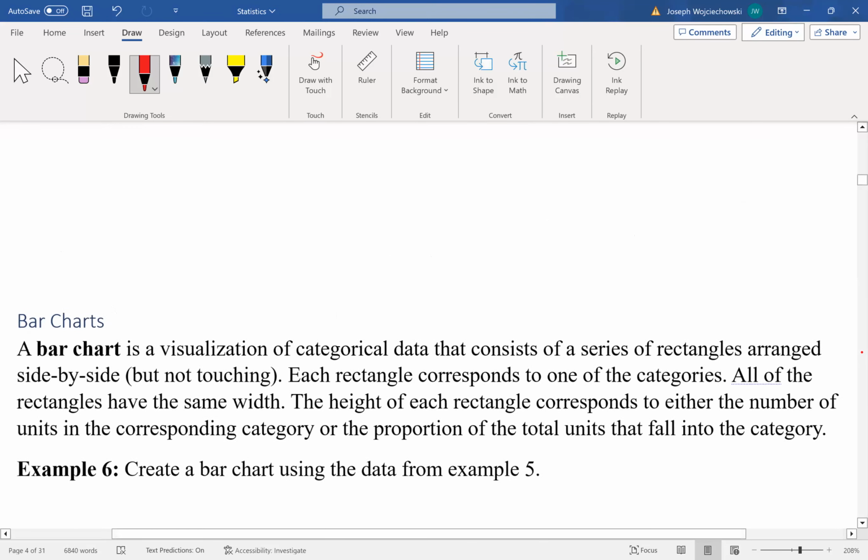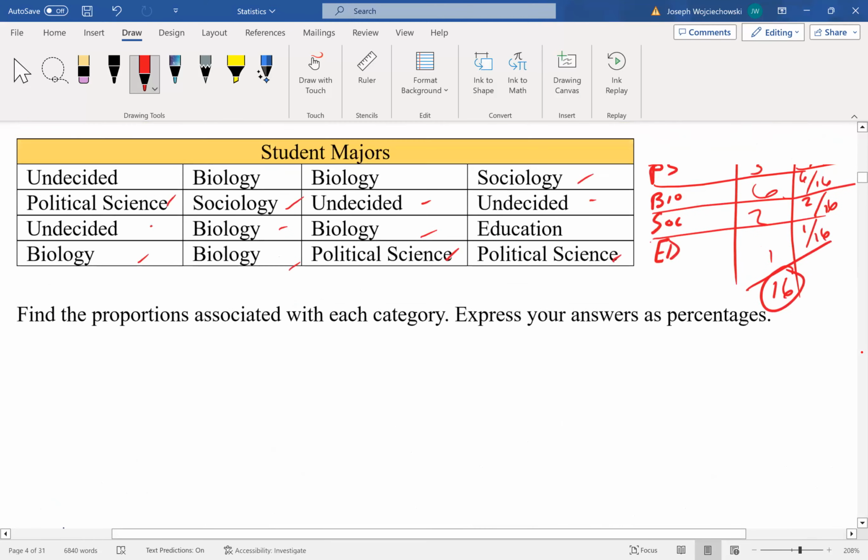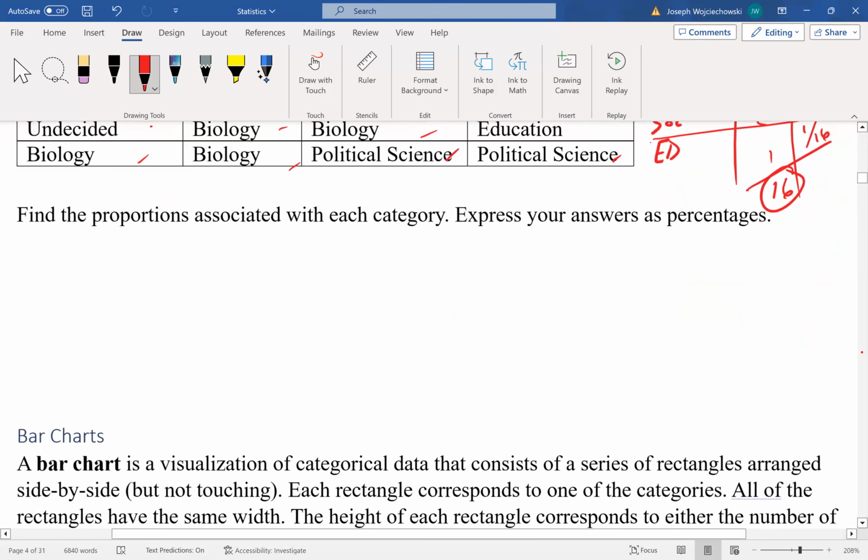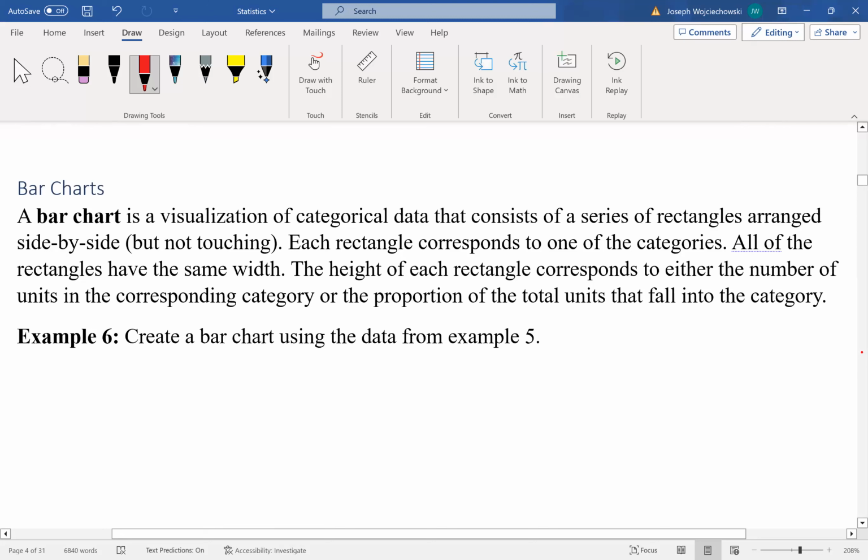So let's see, what were our categories here? We had undecided. I'm just going to go UD.